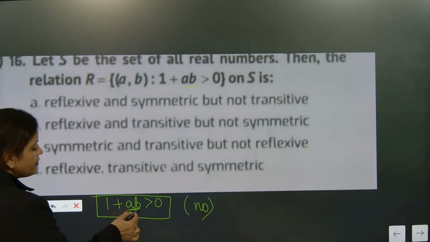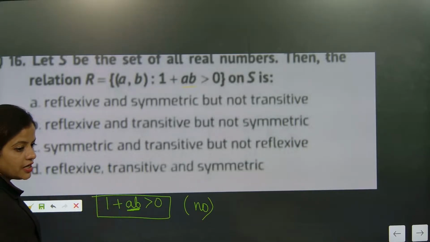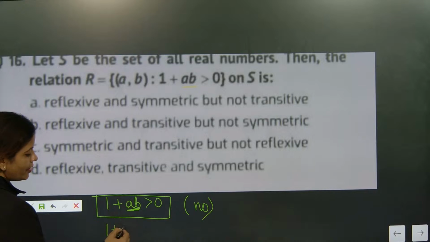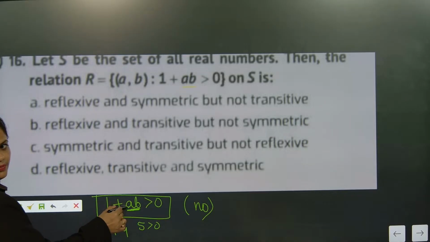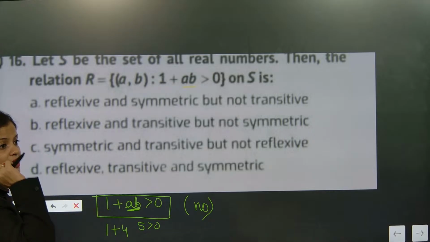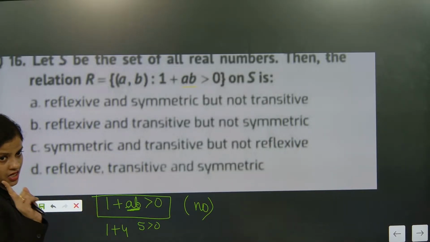You see here, if I write A as a real number, understand very clearly. If I write any negative number, then negative times negative will become positive. Like minus 2 times minus 2 will become 4. Reflexive says what, beta? Reflexive says the same number.